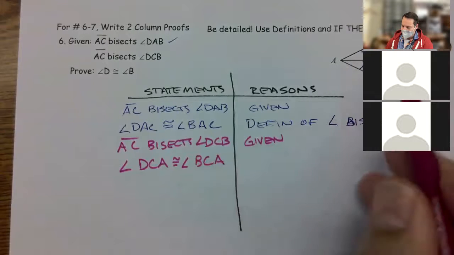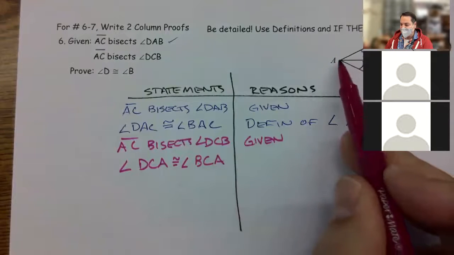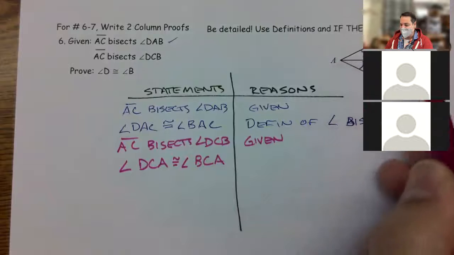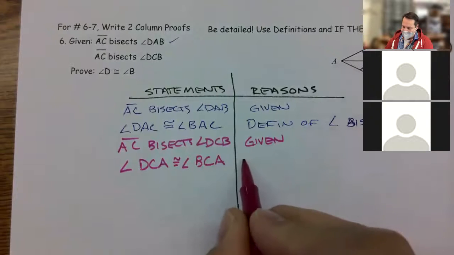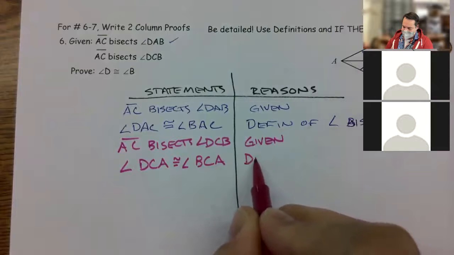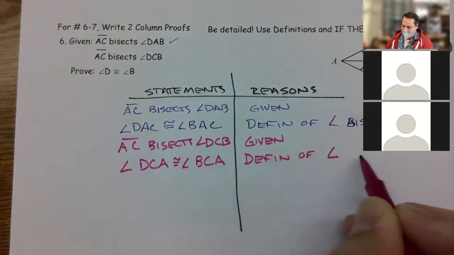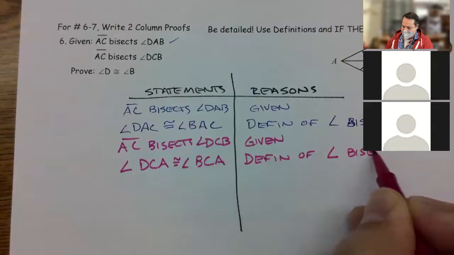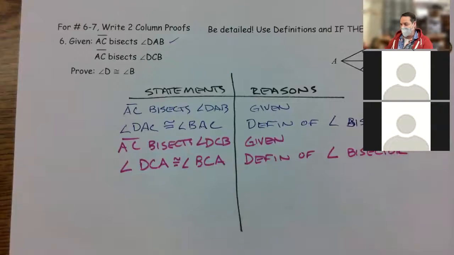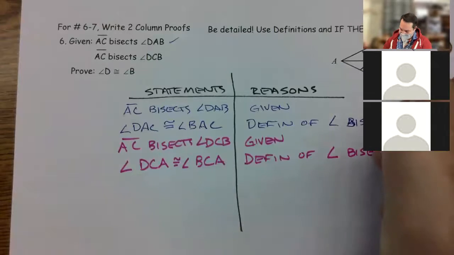ACD and ACB, that would be fine as well. And what would be my reason for that? Yep, let's be clear and say angle bisector, because a segment bisector would have a different impact and a different meaning. And that then gives me the second angle.